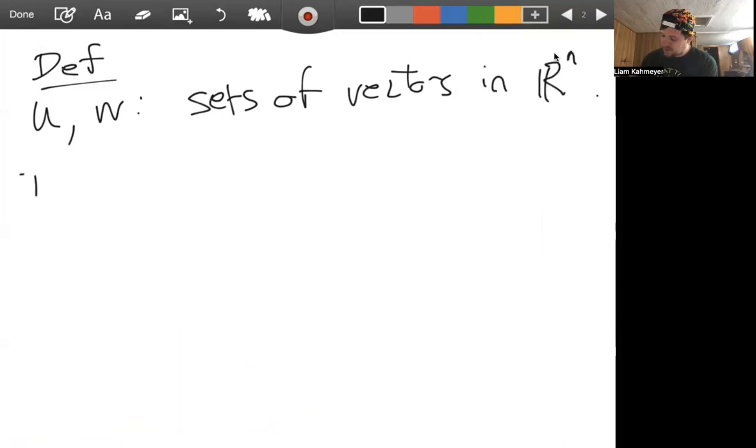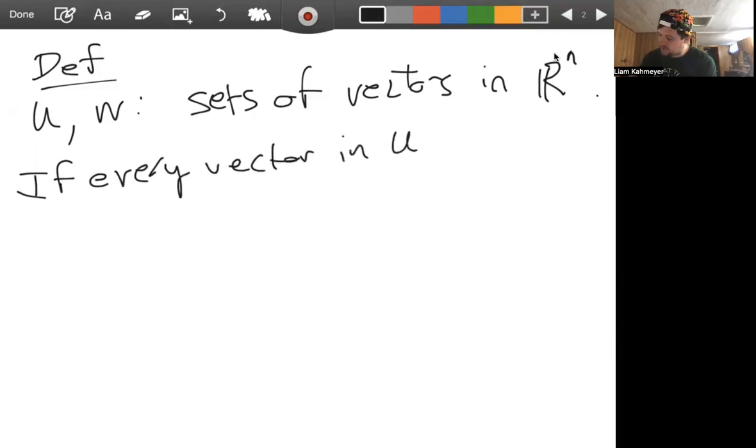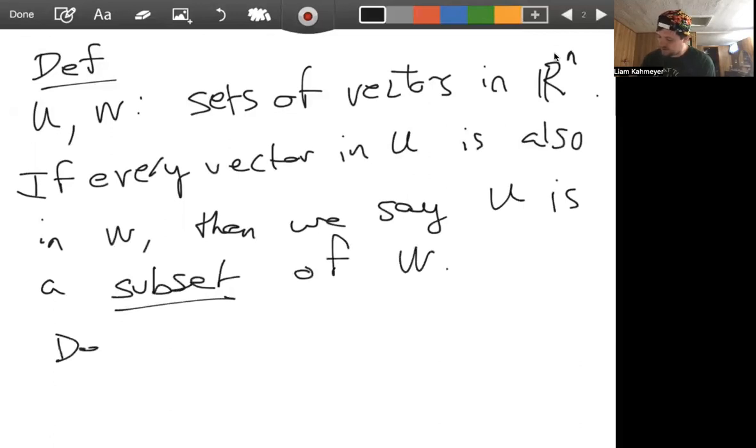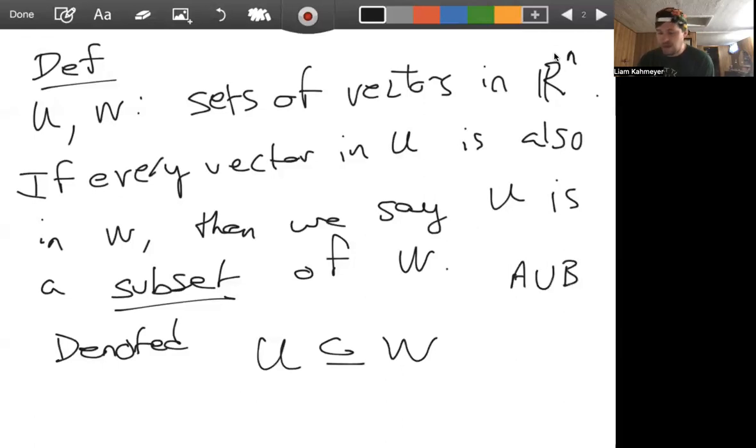If every vector in U is also in W, then we say U is a subset of W. And we'll denote this by taking the union symbol, like the set union, turning it on its side, and putting a little bar under it.